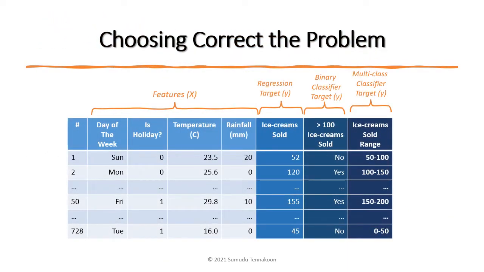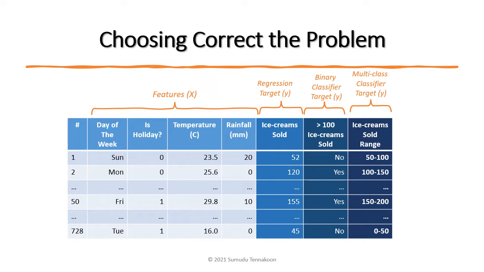All right. So now let's come back to our ice cream shop problem. Now we know the features for this data set, and if we are building a regression algorithm, which column should you be using? If you are using a binary classifier, you have to derive that from the data set. You can simply write a logic statement to get the yes or no answer based on the count.